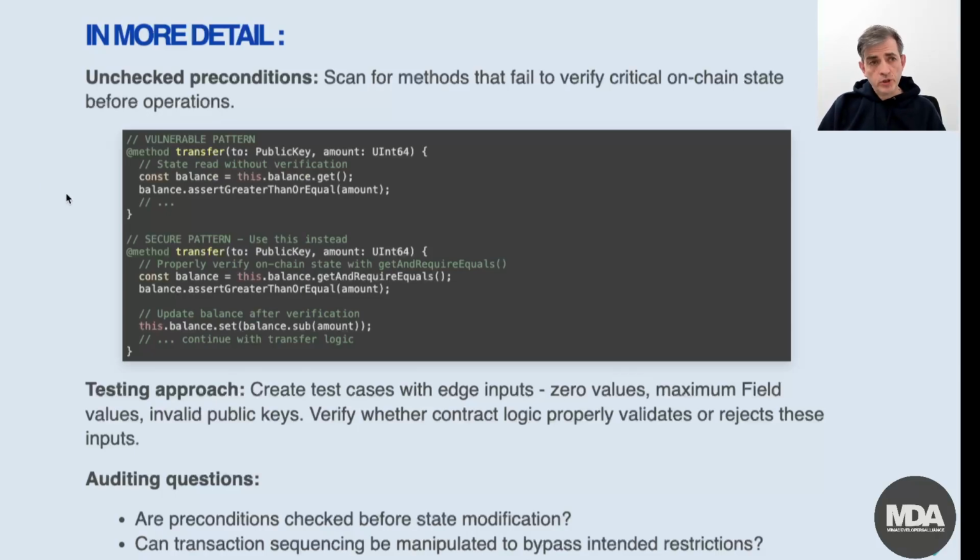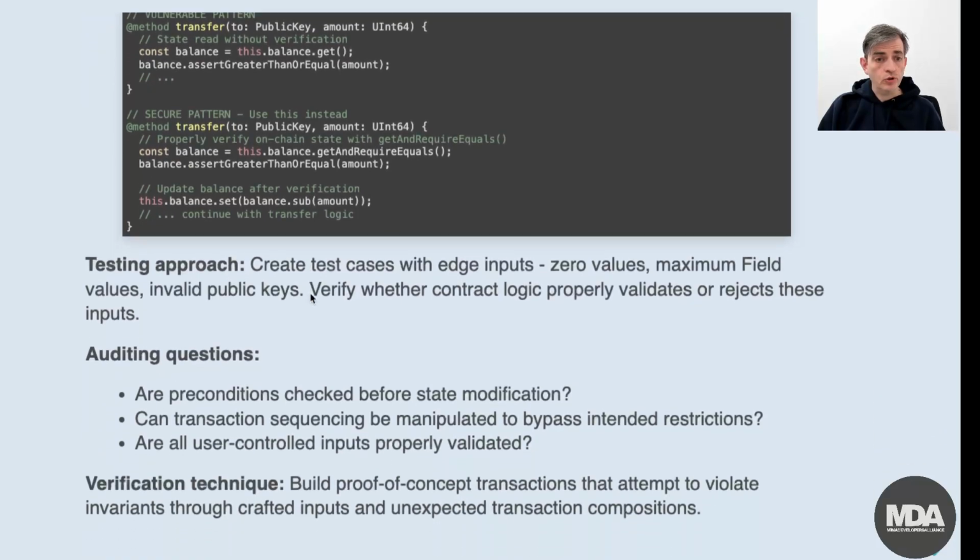Some questions you may want to ask when you're looking at code are: are preconditions checked before we have state modification? Can the sequence of transactions be manipulated to bypass some restrictions in the code? And are all the inputs that a user can supply properly validated?